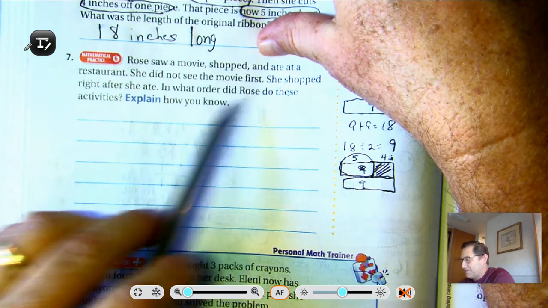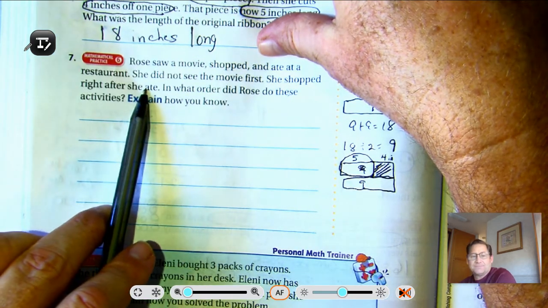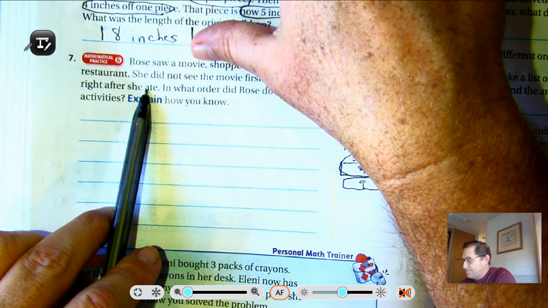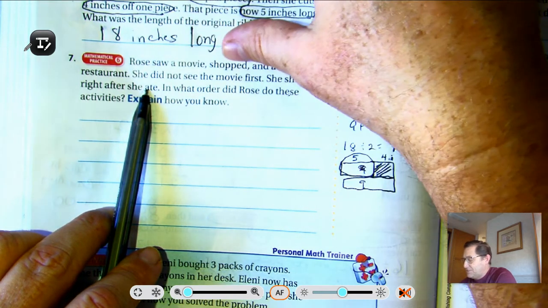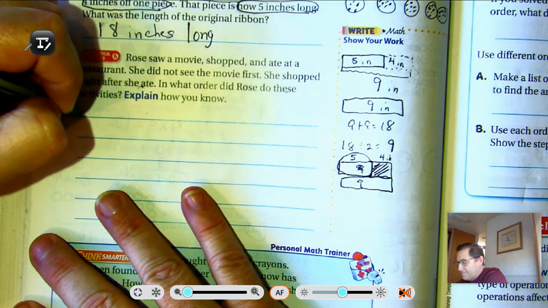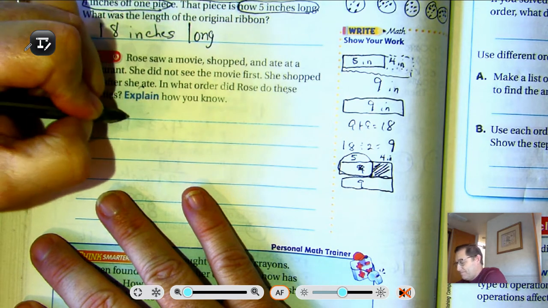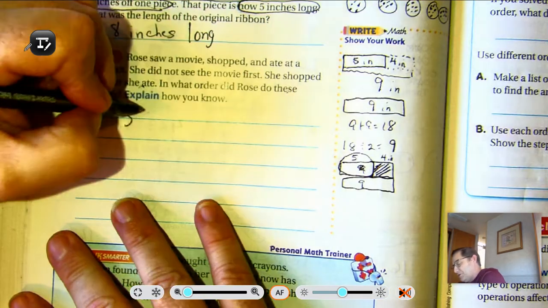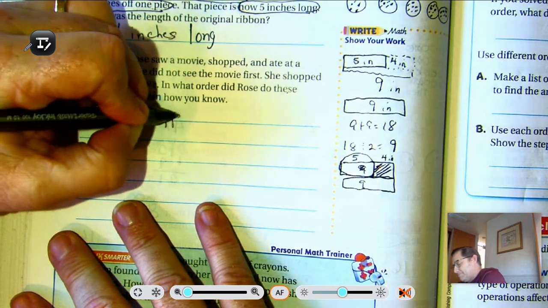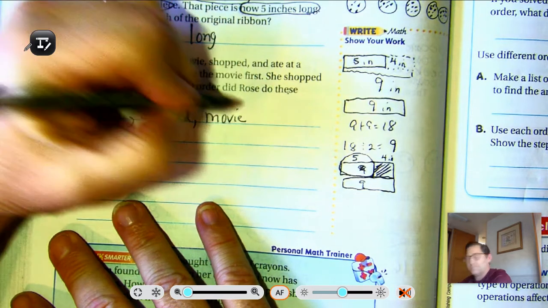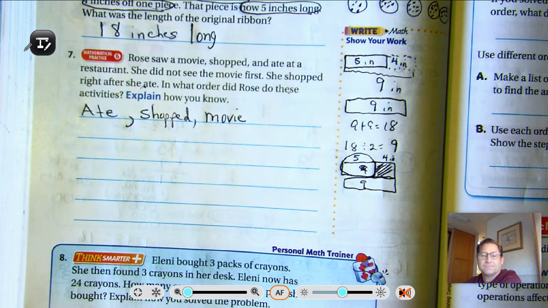And it says she shopped after she ate. So it wasn't the movie first. And she didn't shop before eating. So she ate first. Okay. After she ate, she shopped. And then that leaves the movie. Okay. So she ate, then shopped, and then went to a movie.